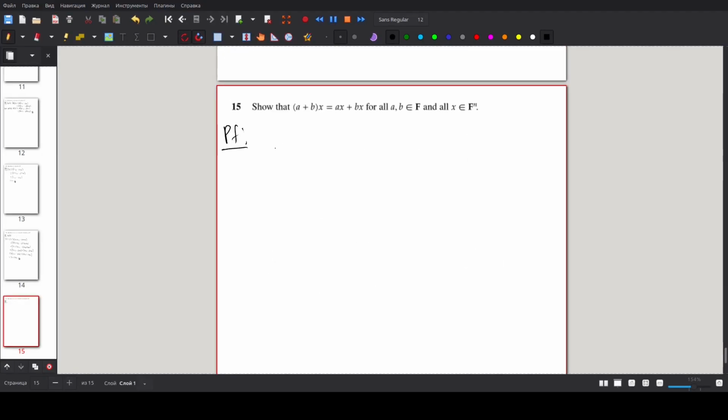Last one. All right, last one here. a and b are field numbers, basically regular numbers, and x is a list.